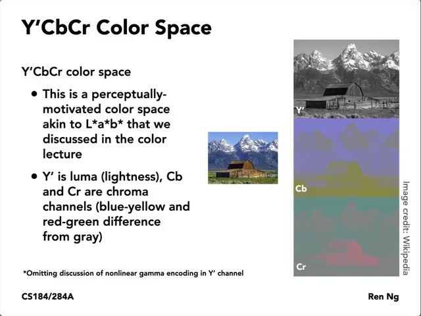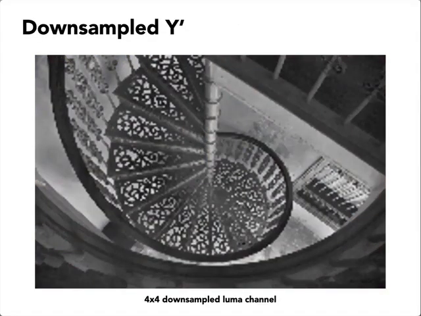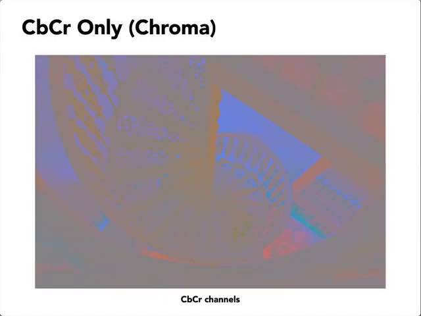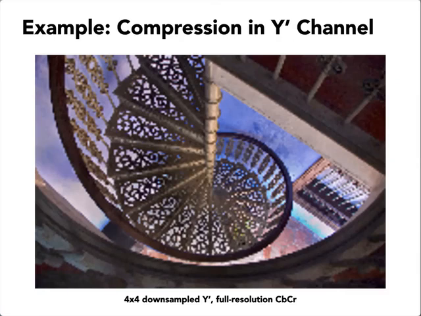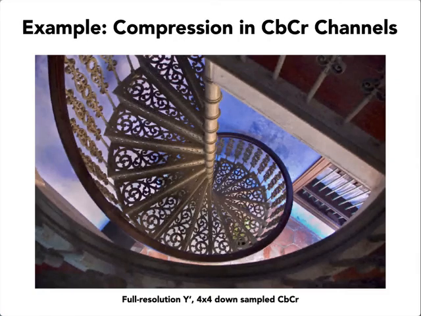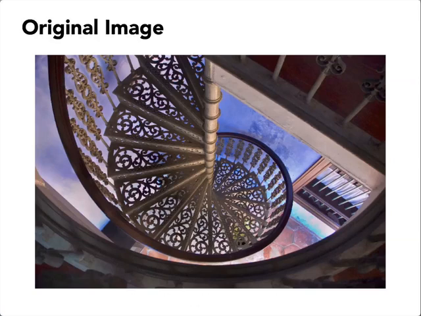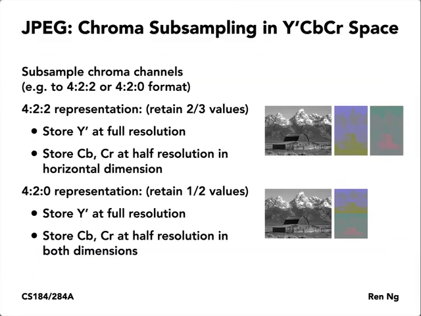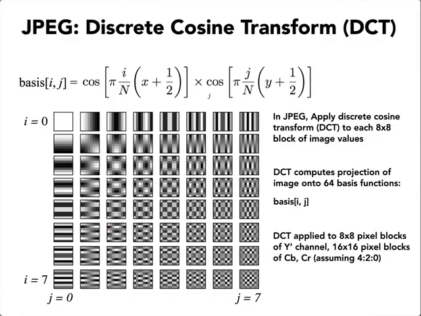I showed some examples where we could take out detail in the luminance channel and it looked terrible, or we could take out lots of detail in the chrominance channel and it was pretty hard to tell unless you looked extremely closely. This fact was exploited in JPEG to reduce the resolution of the data and the file sizes by compressing the chroma space rather than the luma space.